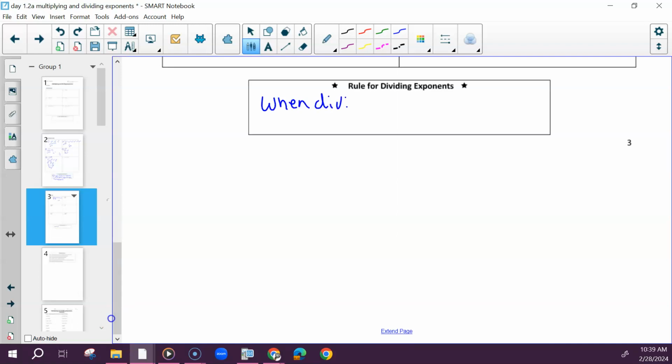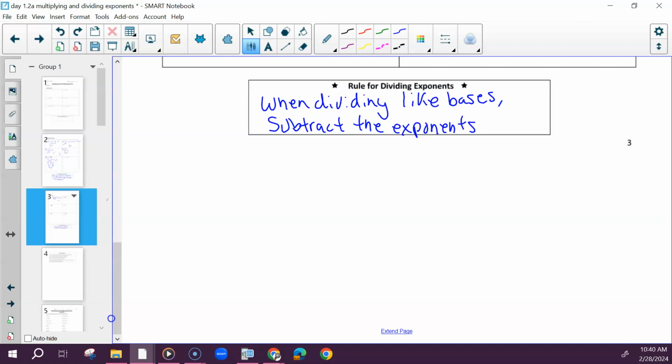When dividing like bases, subtract the exponents. And then look at this page, find some examples you want to see, go over, or have questions about.